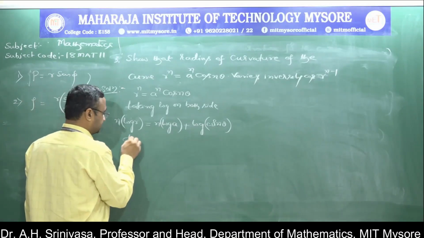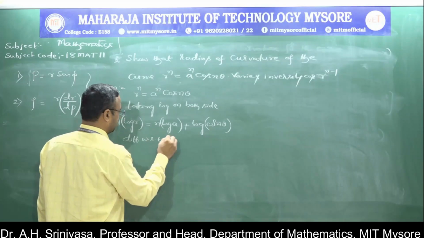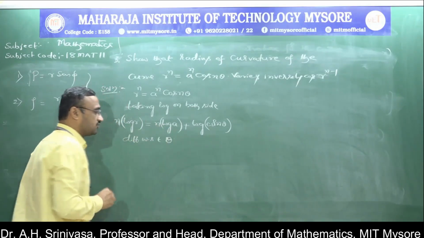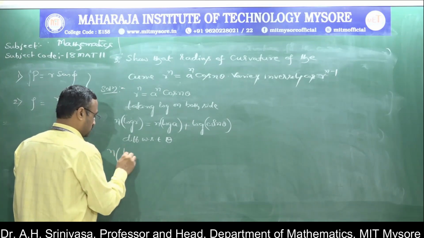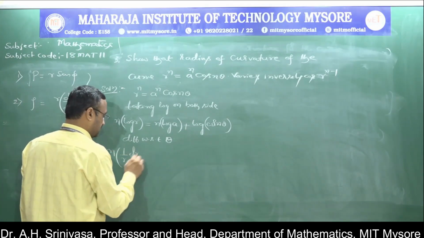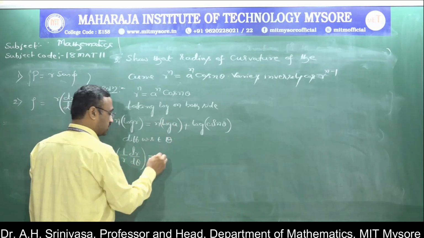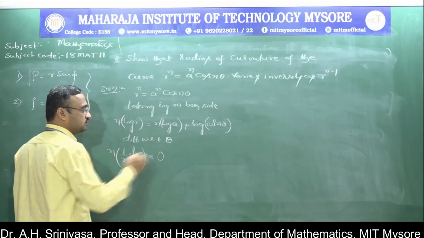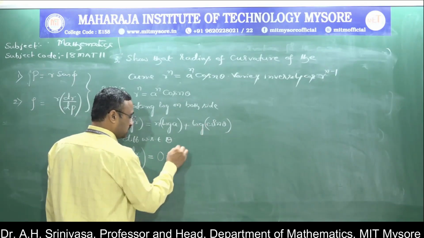Now differentiate with respect to θ. This is n times 1/r dr/dθ equal to, this term becomes 0 because a is a constant function. The differentiation of this one is a logarithmic function.